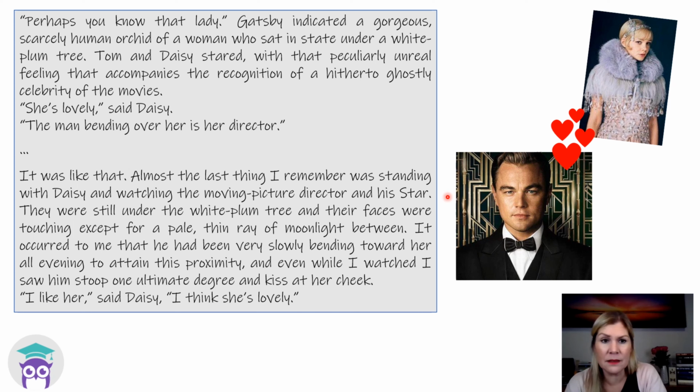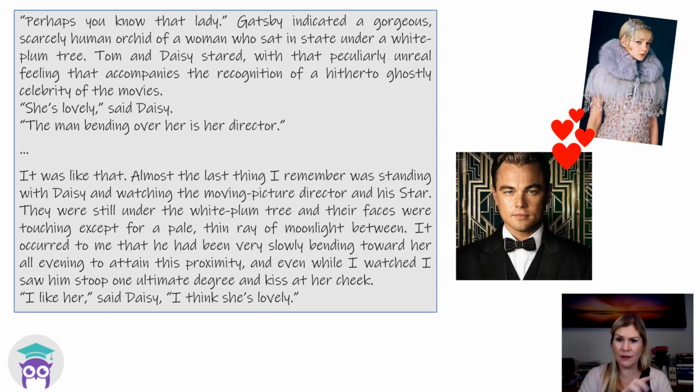"They were still under the white plum tree, and their faces were touching except for a pale, thin ray of moonlight between. It occurred to me that he had been very slowly bending towards her all evening to attain this proximity, and even while I watched, I saw him stoop one ultimate degree and kiss at her cheek."